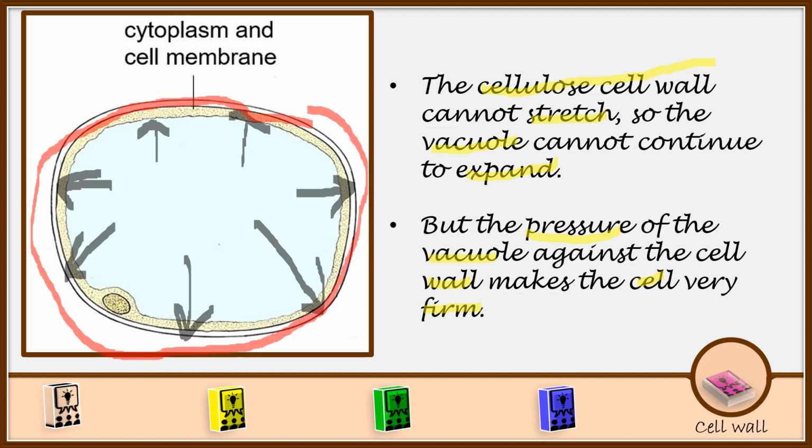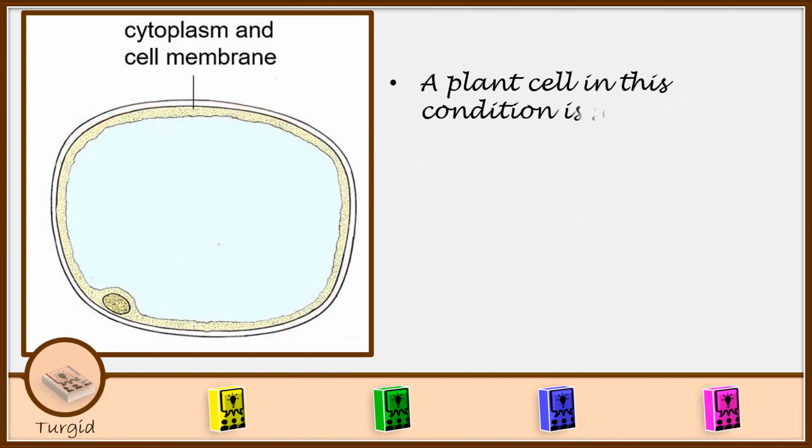A plant cell in this condition is said to be turgid. It is turgid because it is receiving a lot of pressure from the cell vacuole, and that makes it very firm, or what we call being turgid.